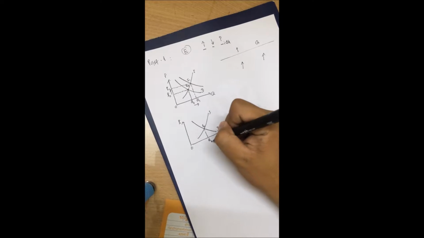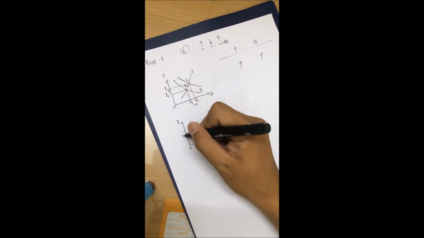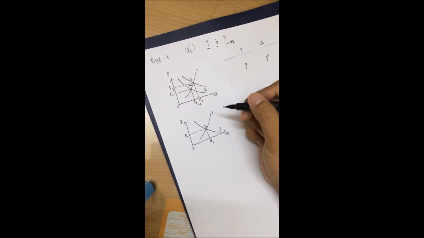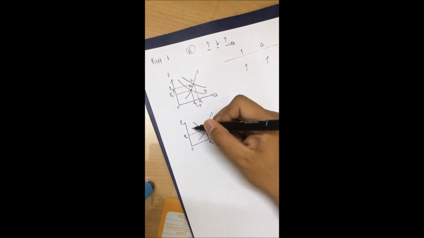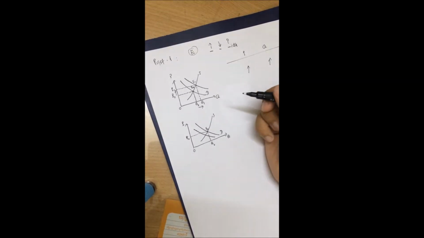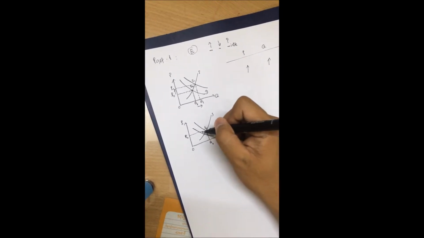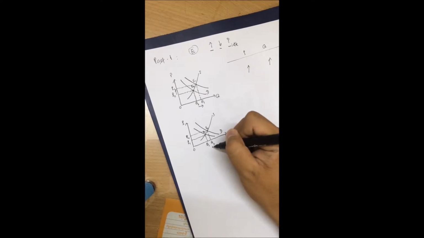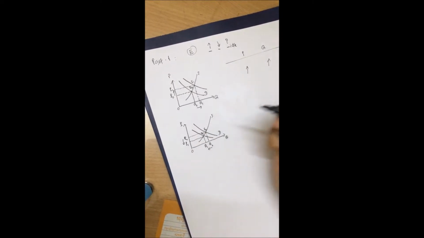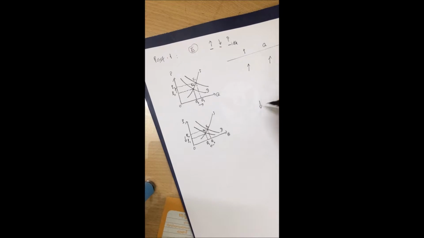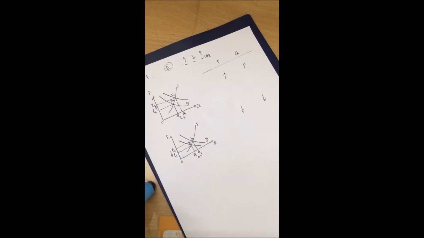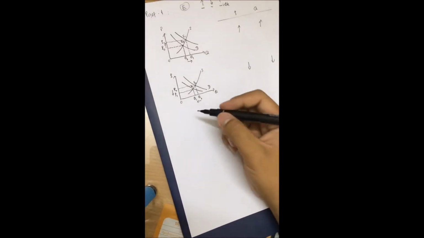You draw here Q0. This one is P0. They said that the demand decreases, so it moves to the left. So it should be here, and you get a new equilibrium. You put it here, and this is P1, Q1, and as you can see, it decreases.